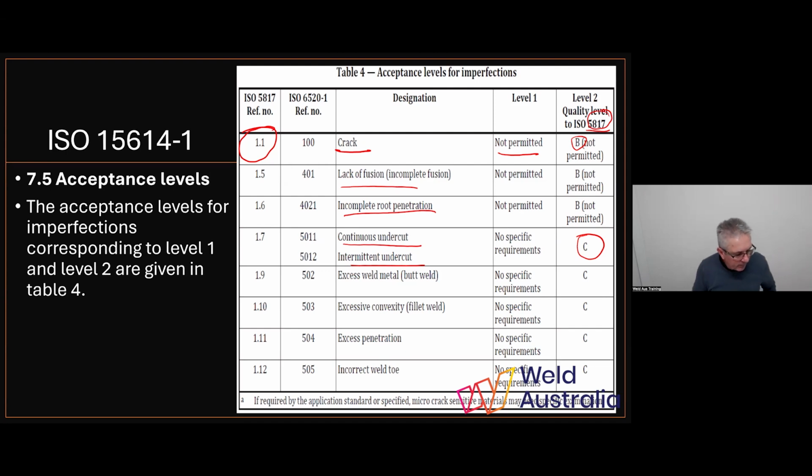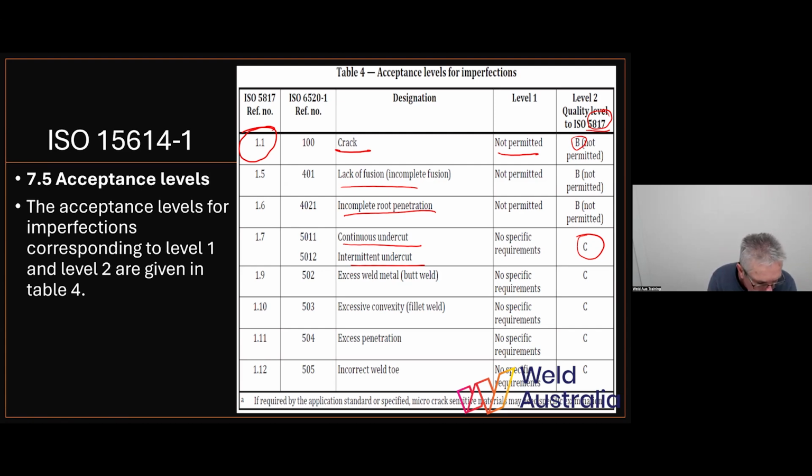So if you're referencing, it says there, the acceptance levels for imperfections corresponding to level 1 and level 2 are given in table 4. So you may have to reference, they're only showing you a few things here and the categories. So what you've got in 5817 is 3 categories, C, B, and D. All right, and B being the toughest one. All right, would you believe?